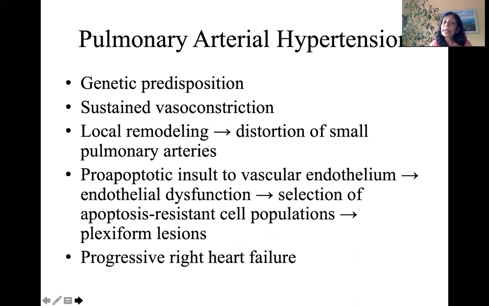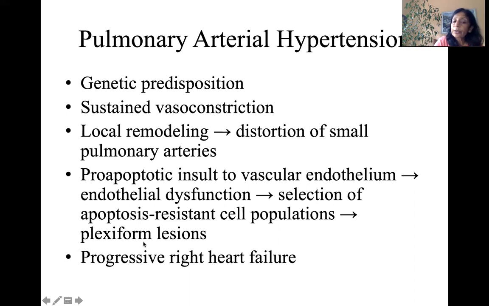The cause could be genetic predisposition, sustained vasoconstriction, local remodeling, again inflammation, injury, remodeling, and destruction of some small pulmonary arteries, or pro-apoptotic insult, so programmed cell death in the vascular endothelium. This is the pulmonary artery.